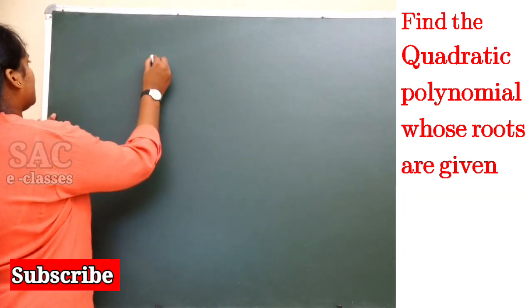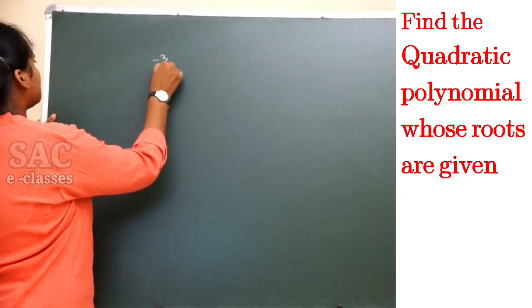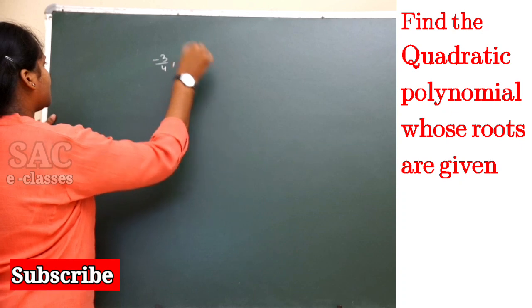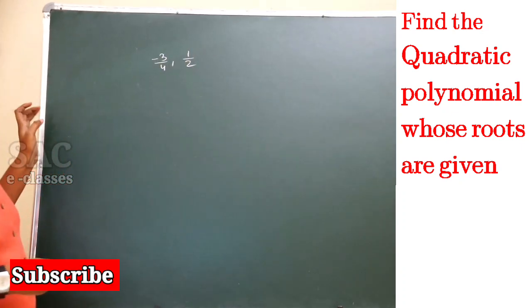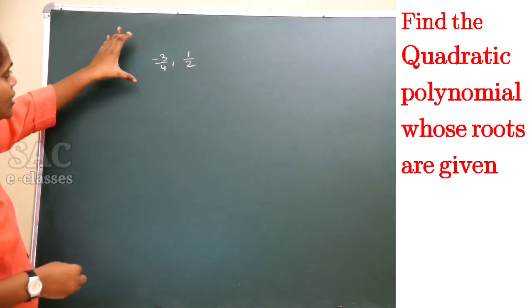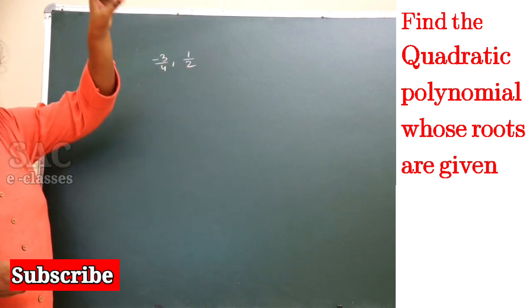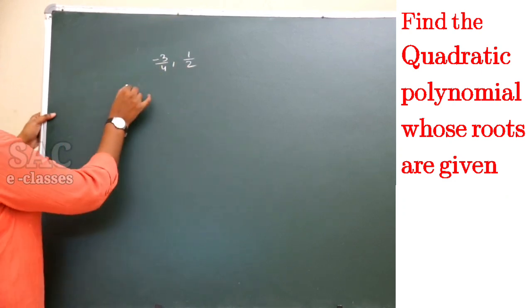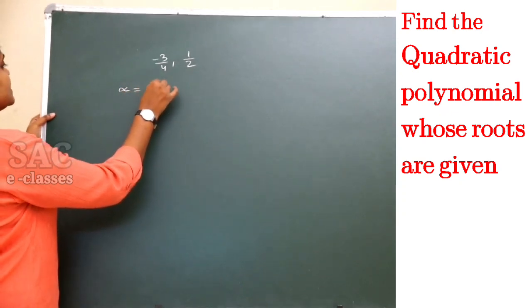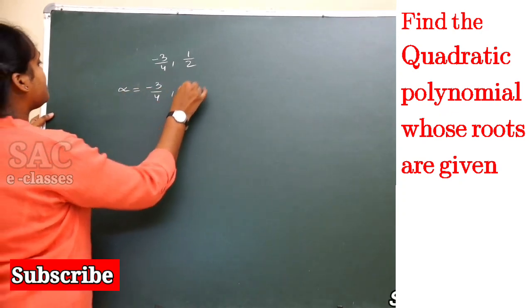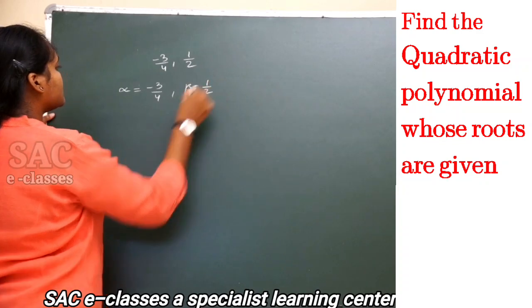For example, they gave minus 3 by 4 and 1 by 2 as the zeros. If you want to find the quadratic polynomial whenever they have given the zeros, at first we will take alpha as minus 3 by 4 and beta as 1 by 2.